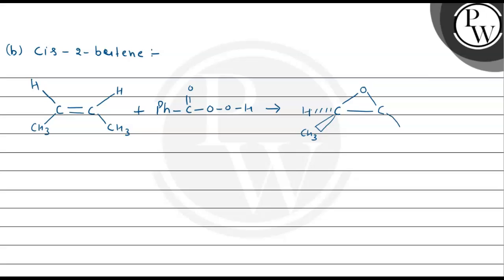In the very same way the CH3 group can be represented here, and the other bond which is attached with hydrogen can be represented here. So we can see again an epoxy will be formed when peroxybenzoic acid reacts with cis-2-butene.